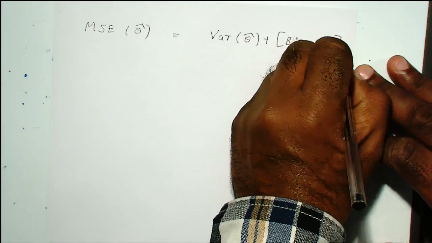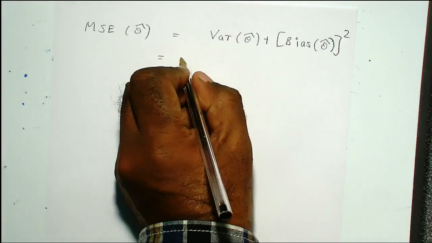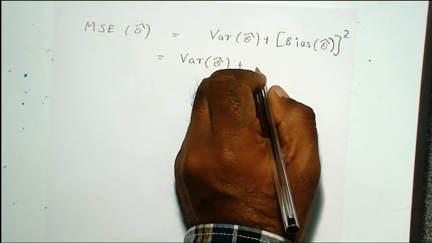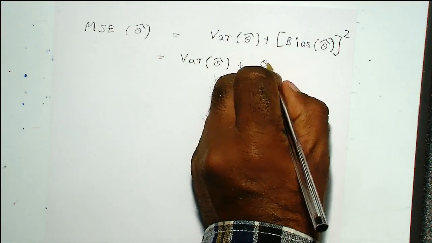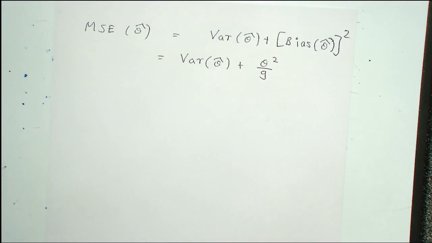I proved this result quite a while ago. Now we know that the bias is equal to minus theta by 3. So this means the MSE is the variance of theta hat plus the square of this, which is theta squared by 9. So to find the MSE, all you need is to find the variance, right?